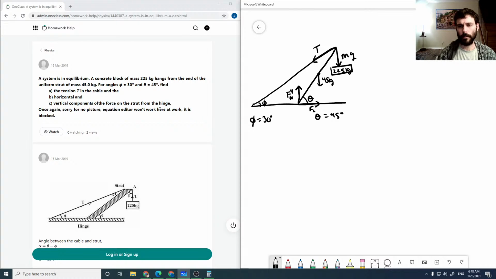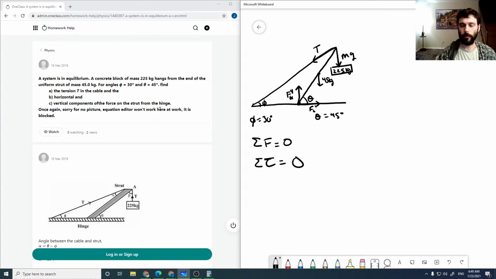Okay, so we've got a few forces here on this hinge. So to get these, we're going to need the tension. But to get the tension, if we try to use that our sum of forces is 0, that's going to be tricky. But we can use the sum of torques using this as a hinge point. So our sum of torques must also be 0 because we're in equilibrium.